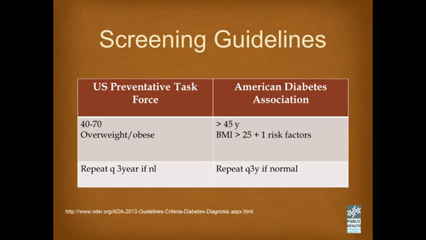So anyone over the age of 45 in our practice is going to get screened for diabetes. If you are under the age of 45, but your BMI is over 25, and you have 1 or more risk factors, you also are going to be screened for diabetes. If you have a normal test, you're going to get repeated every 3 years, every year if you have those significant risk factors.